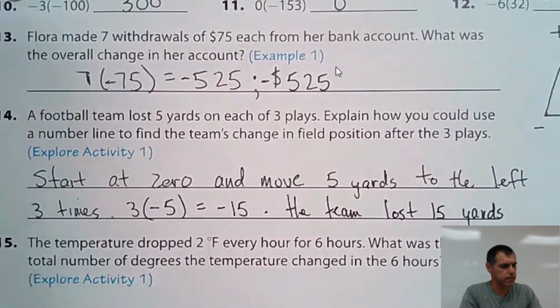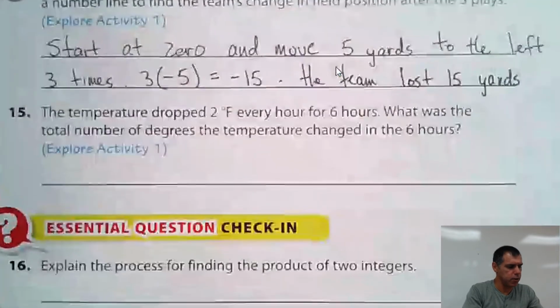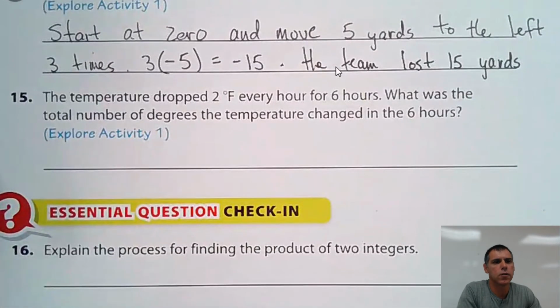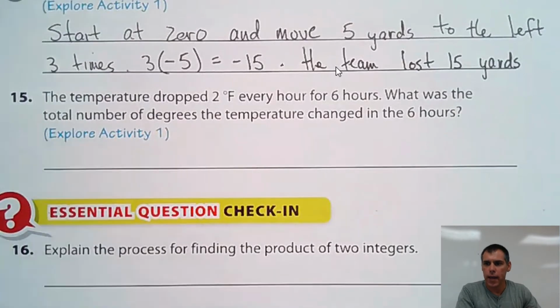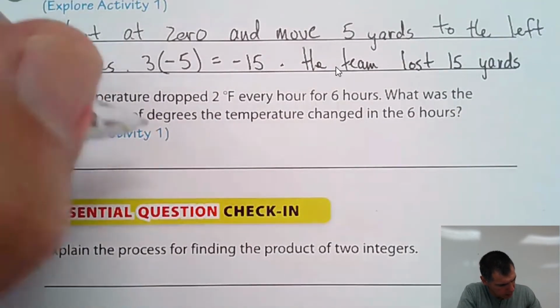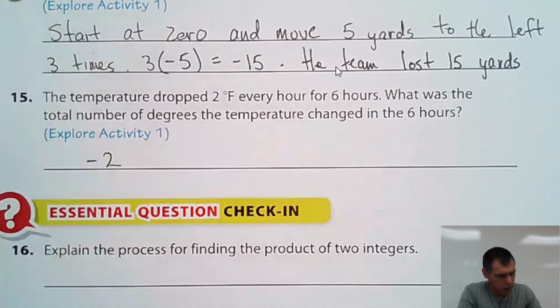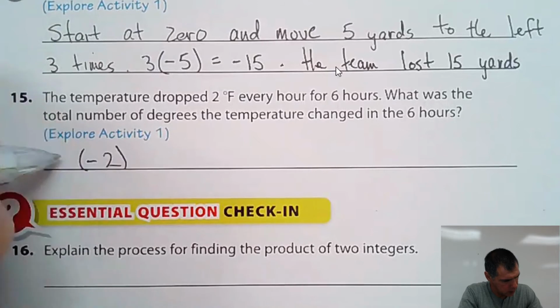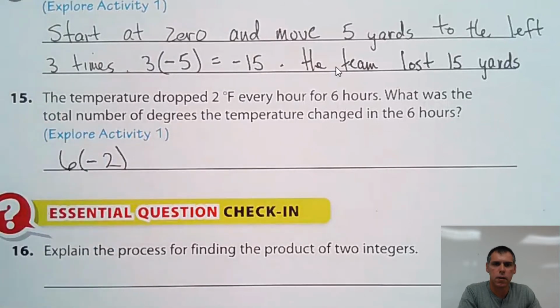There you go. The temperature dropped 2 degrees every hour for 6 hours. What was the total number of degrees the temperature changed in 6 hours? Okay, so it dropped 2 degrees for every hour for 6 hours. So it did this 6 times. What was the total number of degrees temperature change?